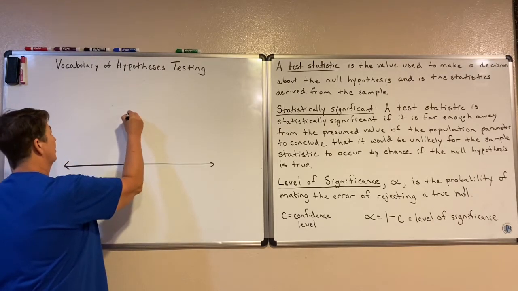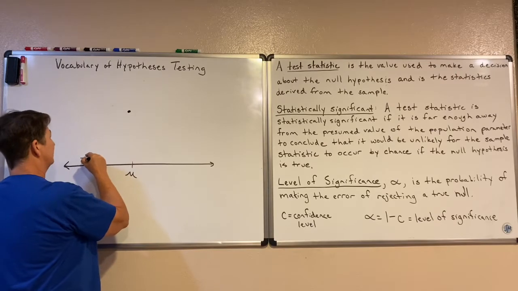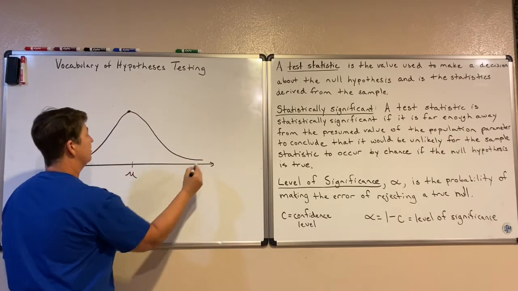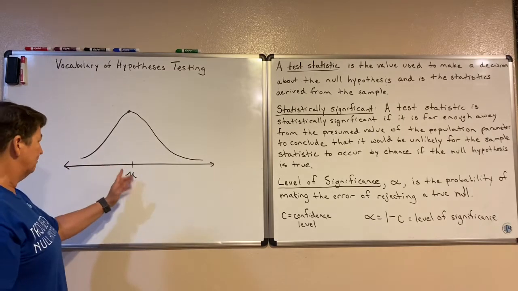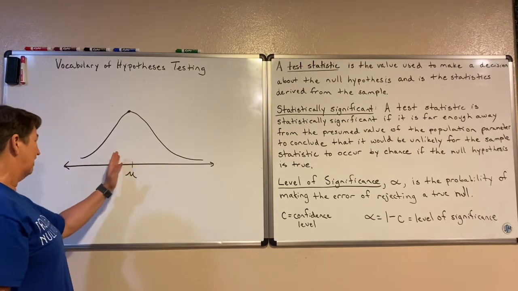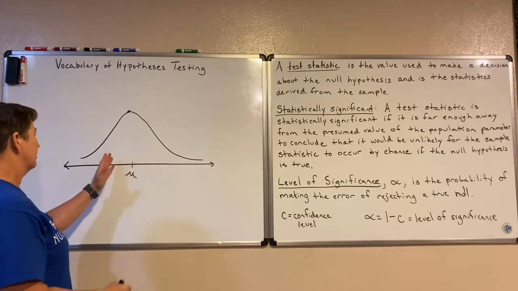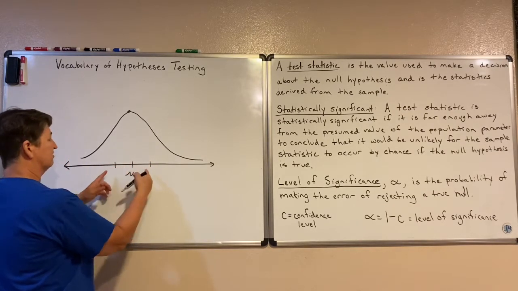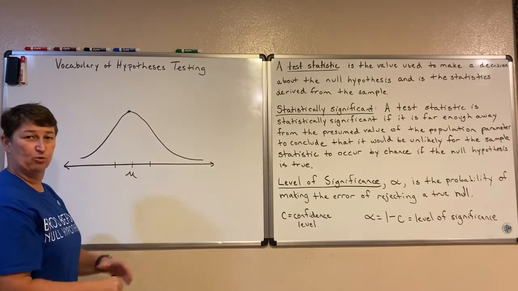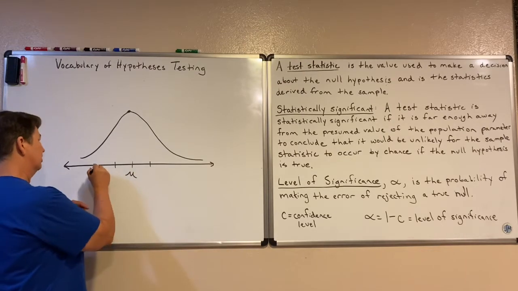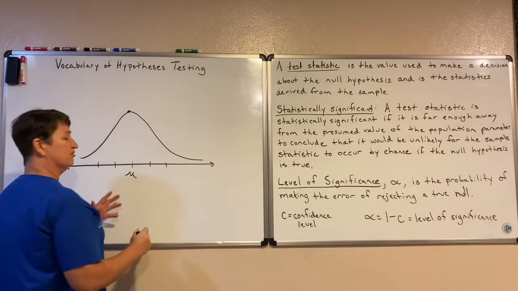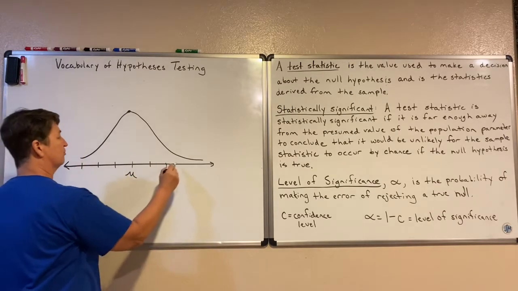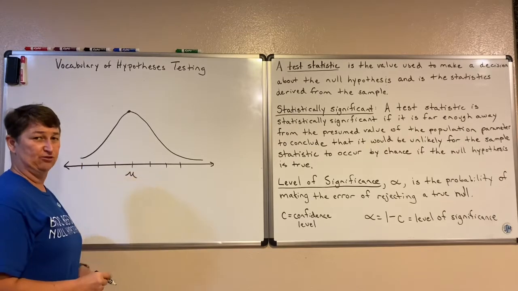So we created confidence intervals to say, well, when we collect that sample, the mean may not be right there. It might be a little bit to the left or to the right of that, but we know that because it's in a normal distribution, 68% of the time it's going to fall within one standard deviation. 95% of the time it's within 2 standard deviations, and 99.7% of the time it's within 3 standard deviations.